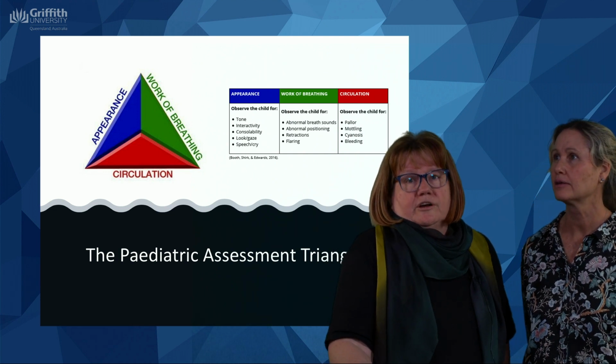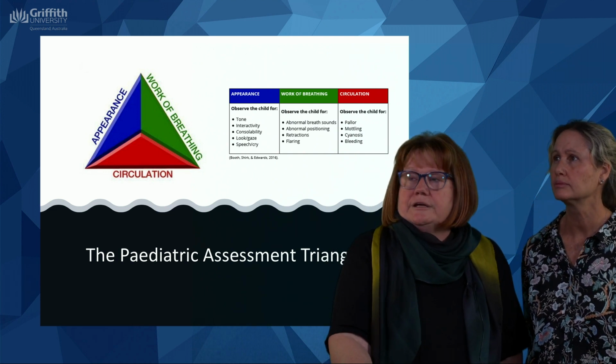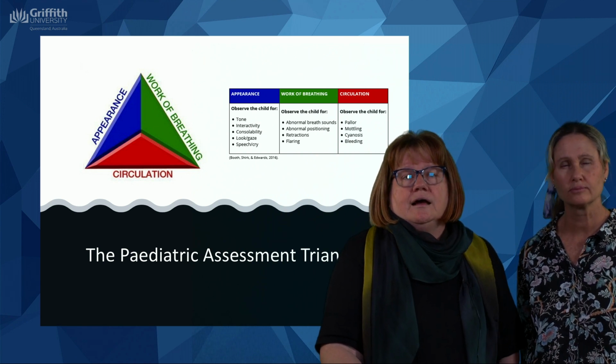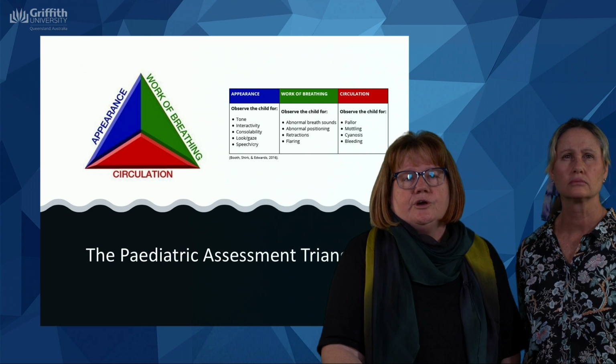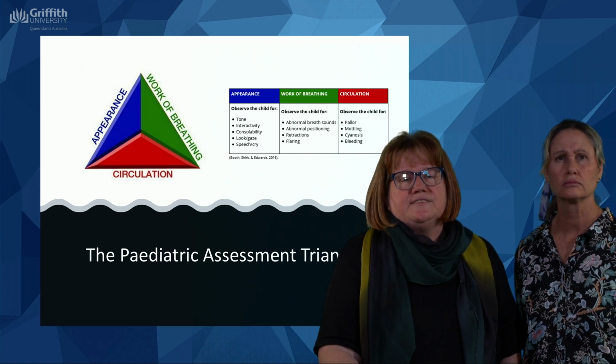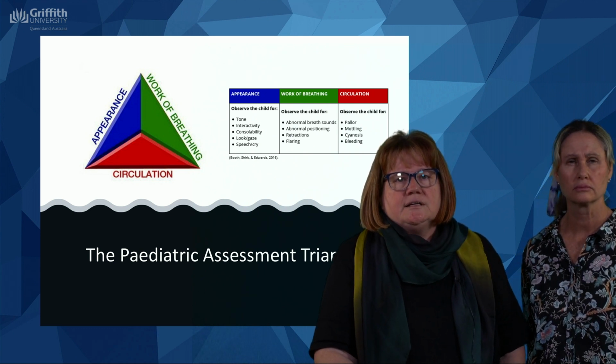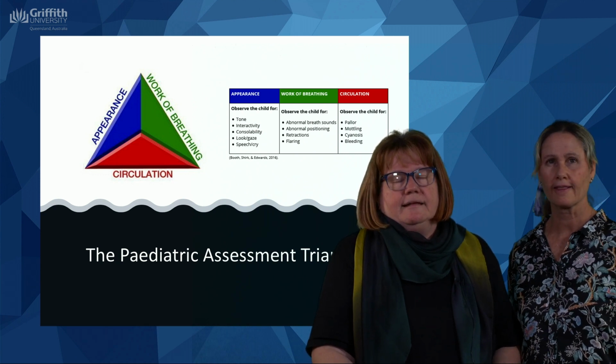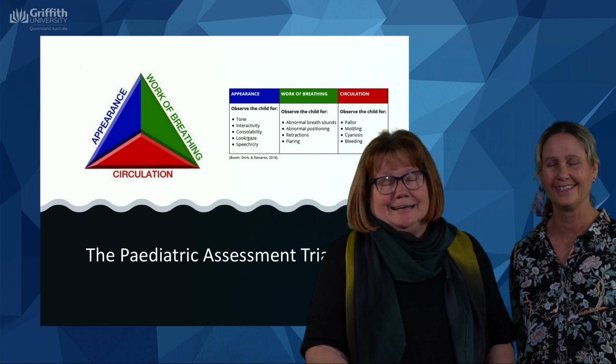Work of breathing in children is also a cardinal sign around deterioration. So we'll see a lot more of those obvious physical signs in a child. Cyanosis is often a later sign, when you've got a child that's really deteriorating.